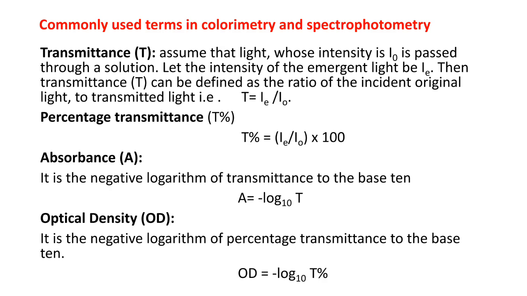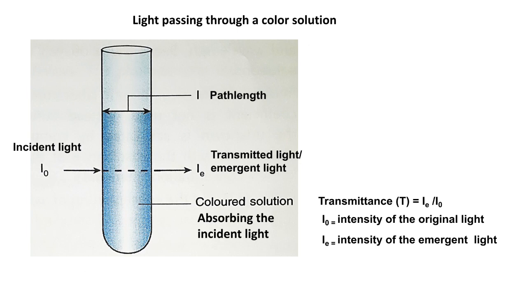Let the intensity of emergent light be IE. Then the transmittance can be defined as the ratio of the transmitted or emergent light to the incident original light, that is T is equal to IE by I naught. Here you can see this diagram.